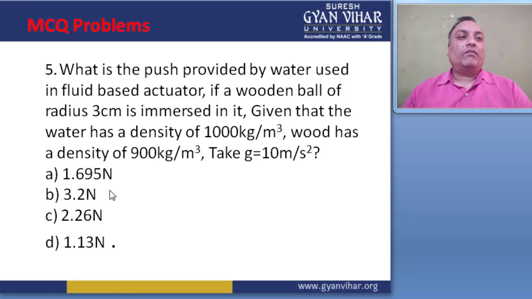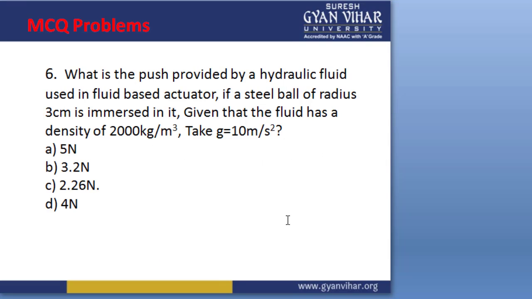A is 1.695 Newton, B is 3.2 Newton, C 2.26 Newton, D is 1.13 Newton. So if you solve this question, you will get the correct answer: D, 1.13 Newton. Then move to the next question.